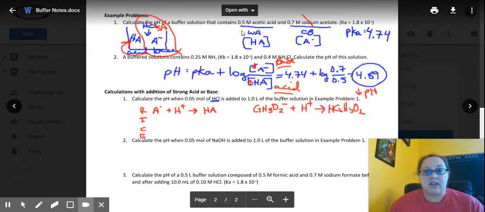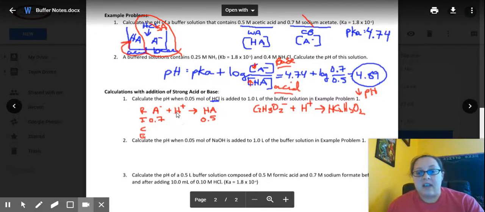So where do I plug this in? It's at HA. So 0.5 is going to go here. We also know an initial concentration of the acetate. Remember what acetate is. We have to identify what this stuff is. That's half the battle. A minus. So I'm going to plug this 0.7 in for A minus.